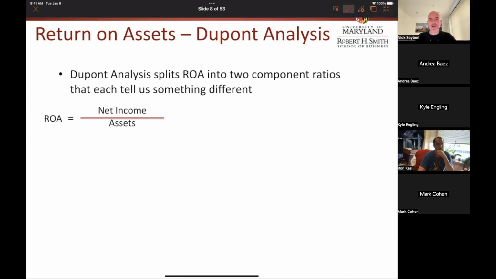So this is the ROA ratio that we just saw, right? Net income over assets. And it turns out through the power of 7th grade math, you can break it down into 2 ratios: net income divided by sales multiplied by sales divided by assets.